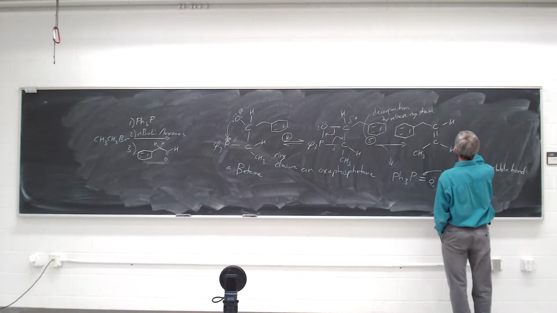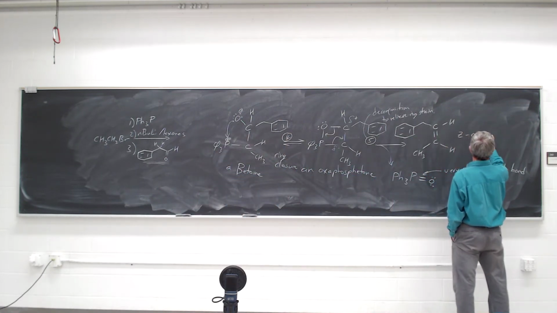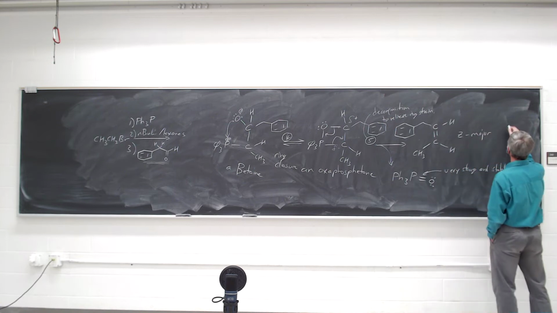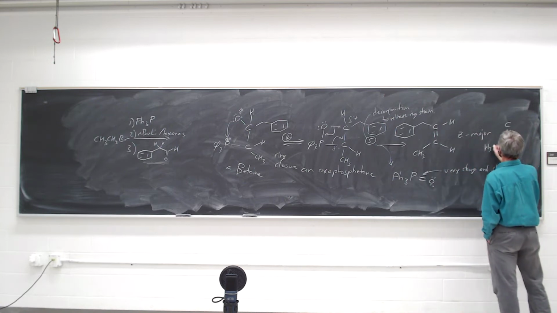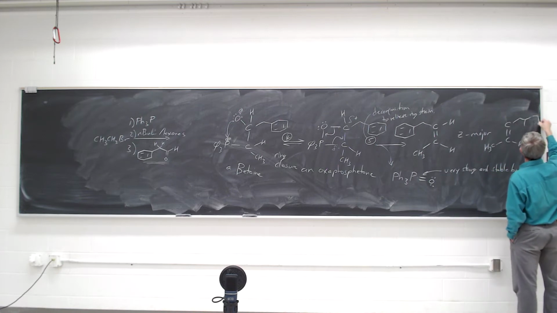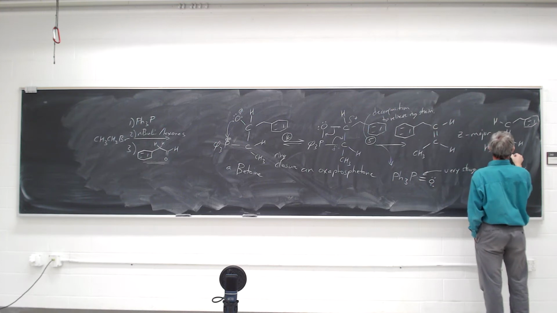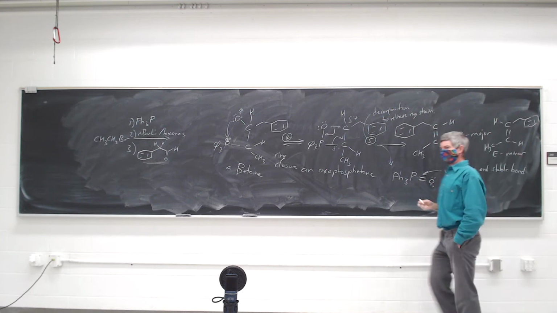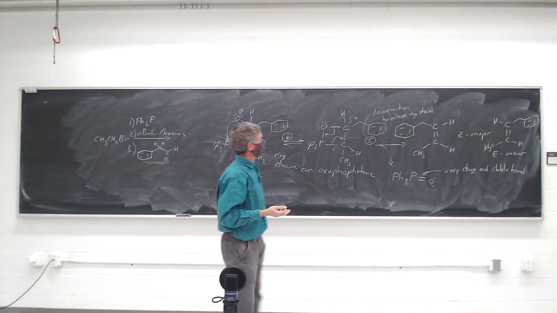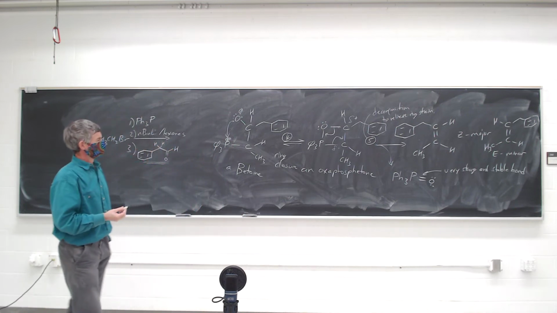It's Z-selective, but you're going to get the E isomer as well. And you often only get like 60% stereoselectivity. So it's pretty poor.